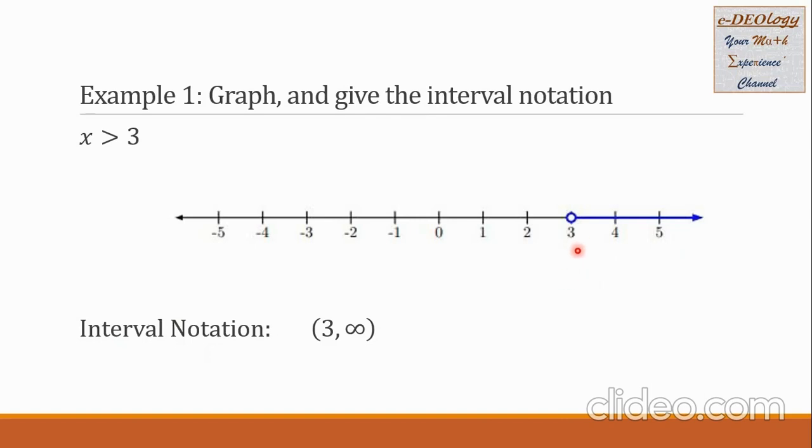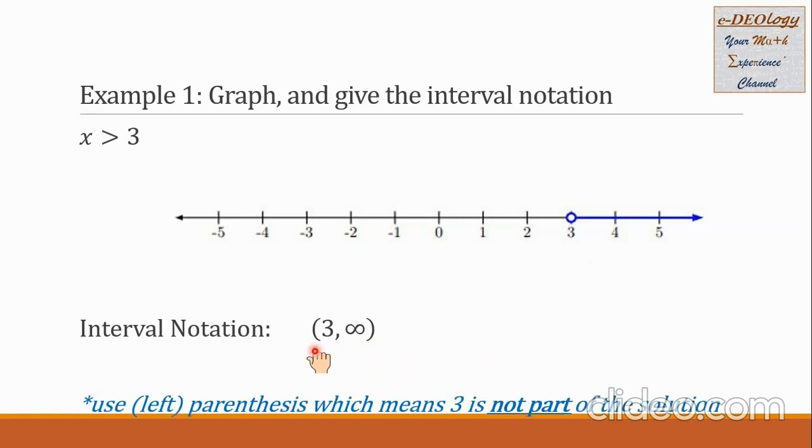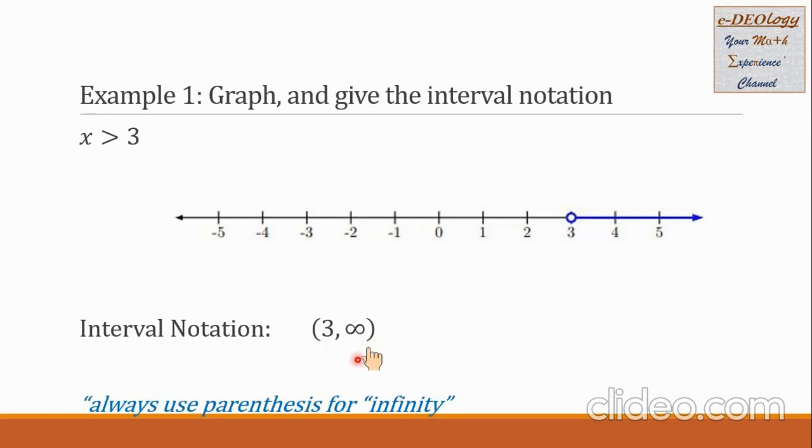So in here, the number 3 is written here, but since the numbers greater than 3 are unlimited, we put this symbol infinity. Now, we're going to use the parentheses, and that means the number 3 is not part of the solution. Also, every time we have infinity, we will always use a parenthesis.